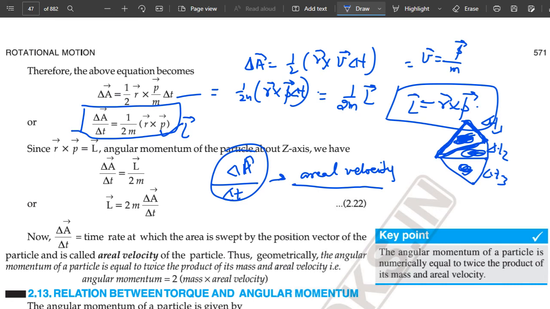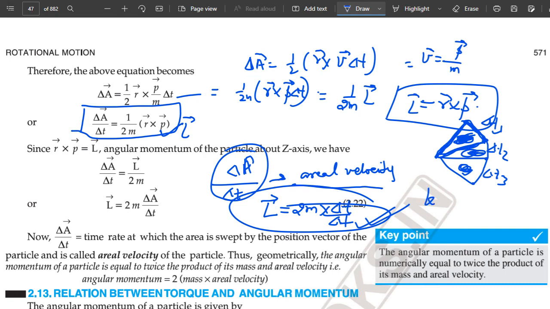That means the angular momentum is equal to twice the product of mass and aerial velocity. Again, this is a very important expression. When we study Kepler's law of planetary motion, we use this idea of aerial velocity.